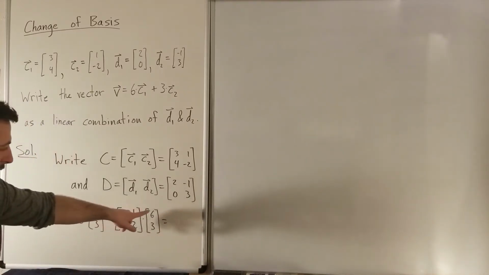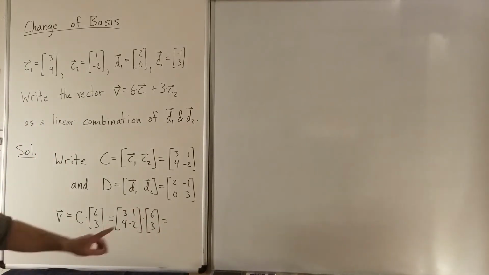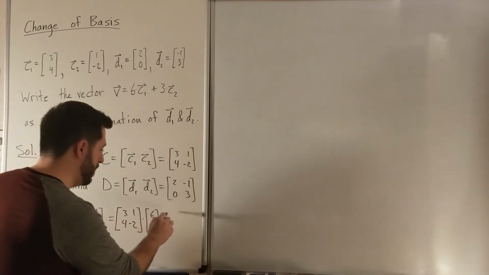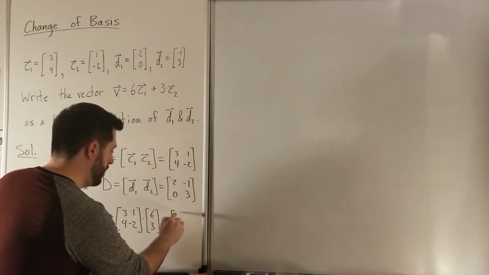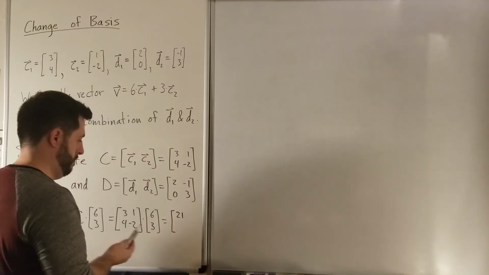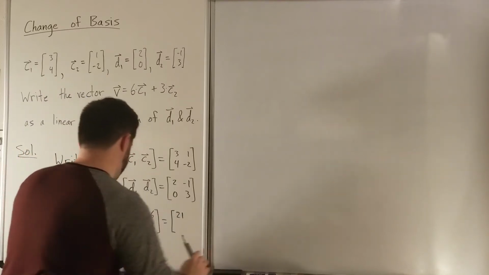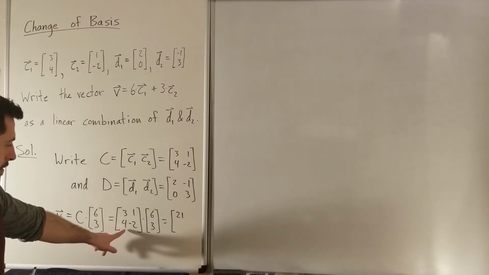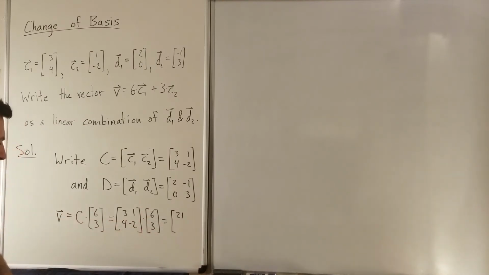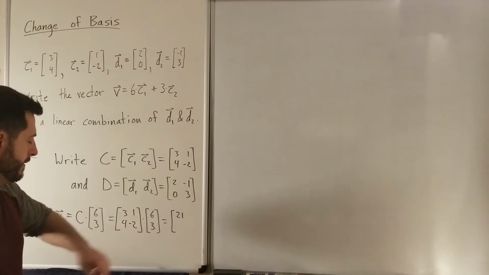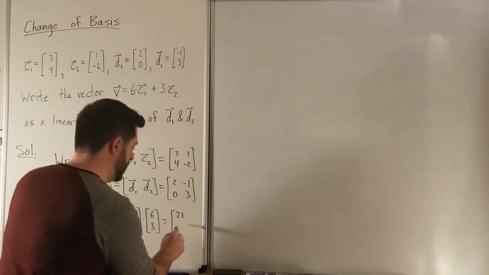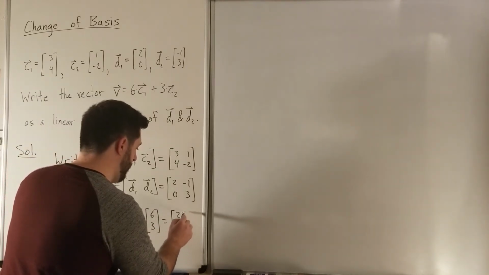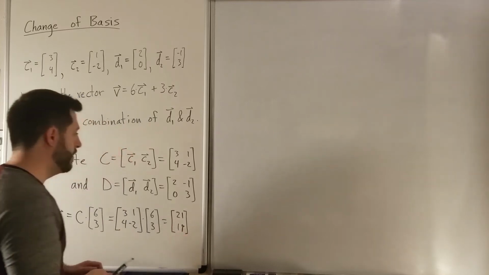And I'm going to do 3 times 6, which is 18, plus 1 times 3, which is 21. And now the bottom entry is 4 times 6, which is 24, plus negative 2 times 3, which is negative 6. So 21, 18.